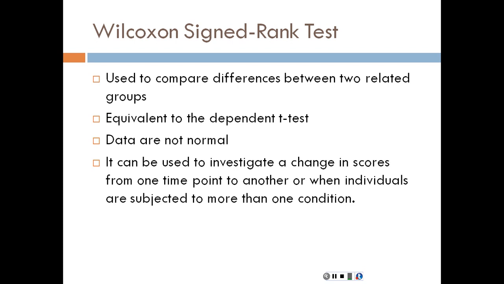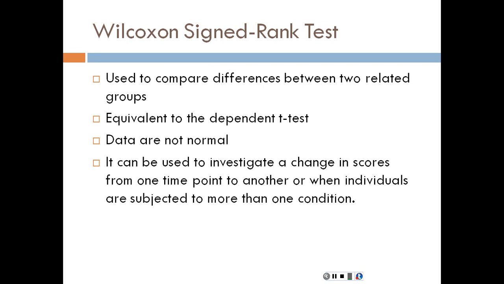The next type of non-parametric test that I would like to discuss is the Wilcoxon signed rank test. Now, Mann-Whitney test, I just finished saying, this is when I'm comparing two independent groups. Wilcoxon signed rank test, now I'm comparing the differences between two related groups. There's some type of relationship between these groups. Okay?